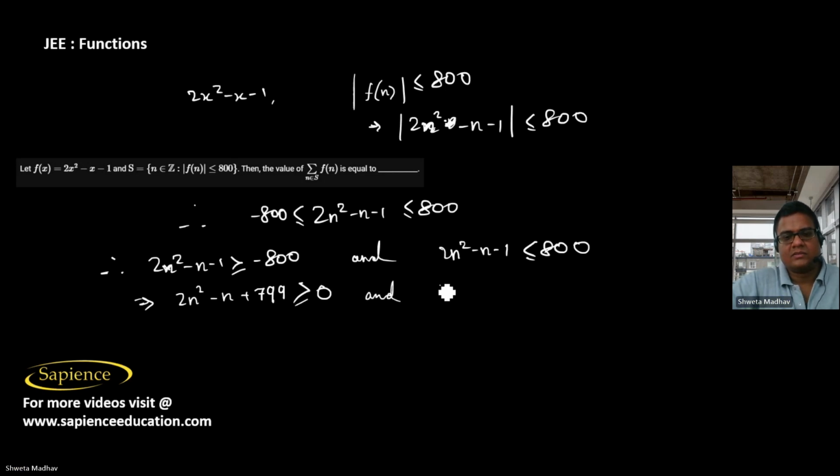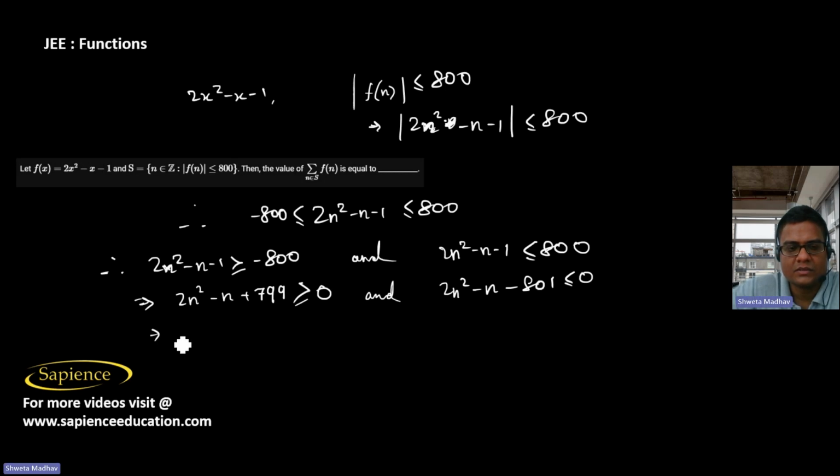And this will be 2n square minus n minus 801, that is less than or equal to 0.